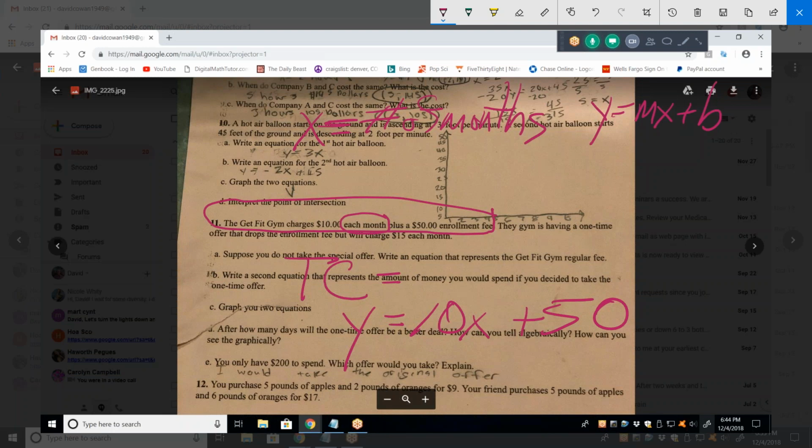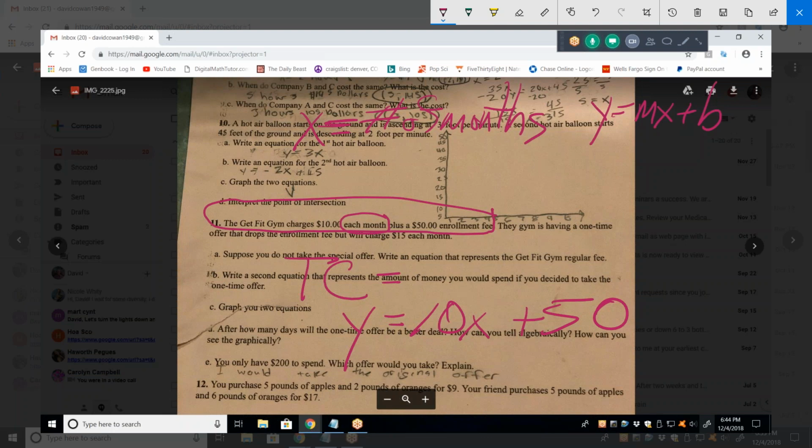So in the previous problem, slope was the speed of the balloons. In this case, slope, the 10, is the charge per month.